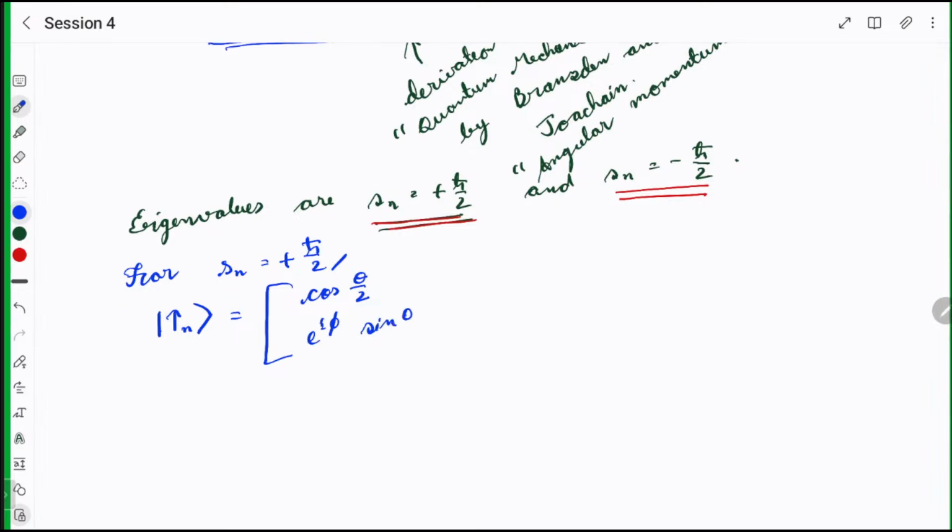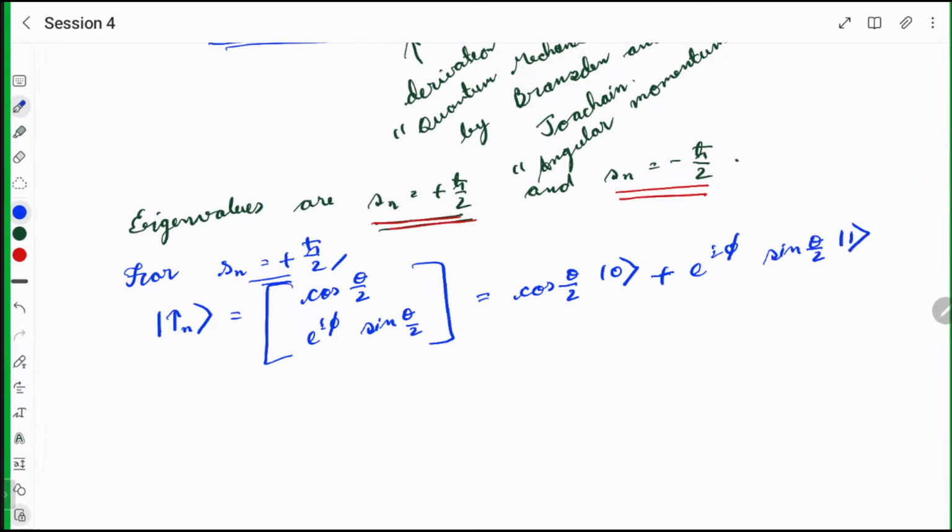This is the up-n state corresponding to Sn equal to plus ħ/2, or you can write it as cos(θ/2) times the state 0 plus e^(iφ) sin(θ/2) times the state 1.